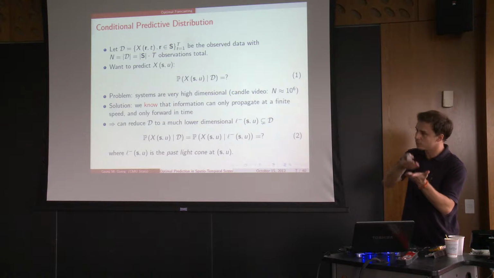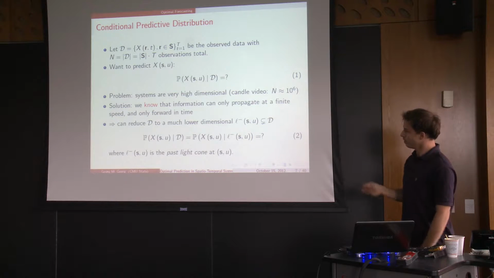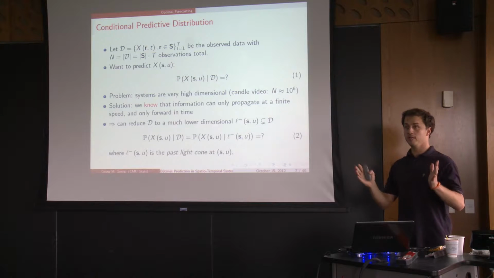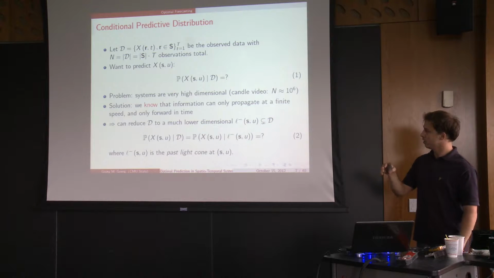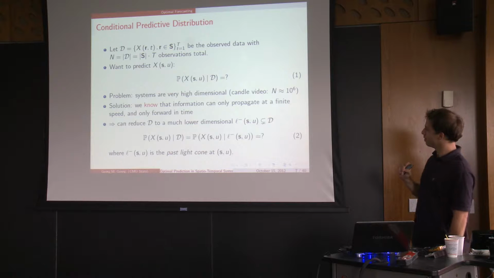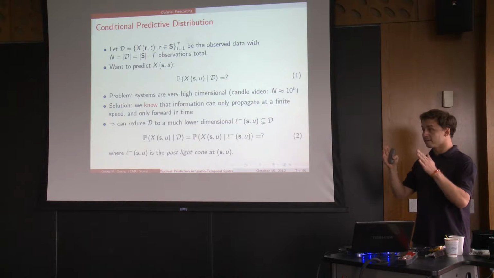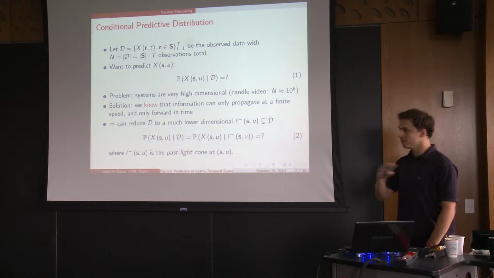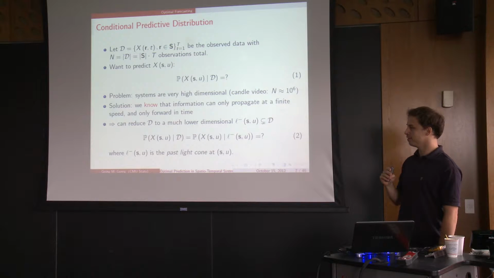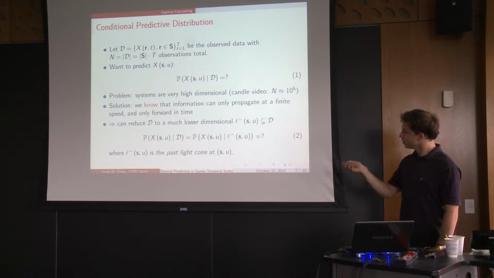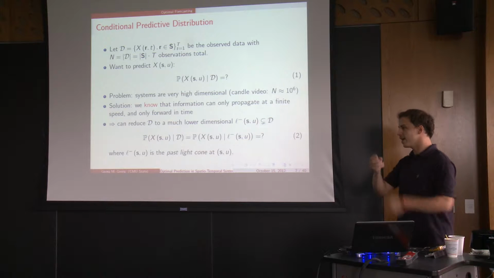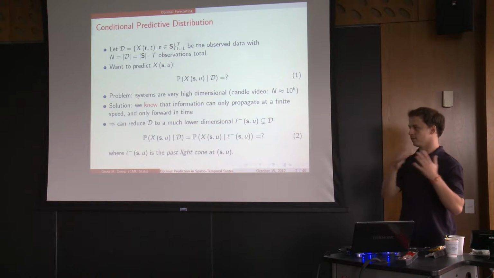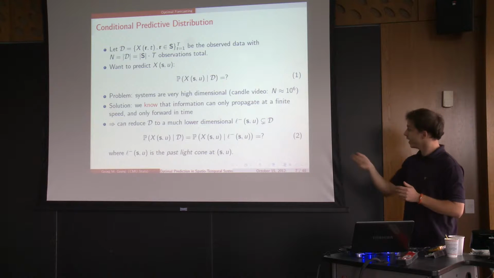It needs time to rise, right? So I can reduce the huge dimensional D to a much lower dimensional L minus. And I'm talking about what it is. And L minus is a subset of D. And I know, just by the physical limitations of the system, that the conditional distribution must be the same. Because other points, it's impossible that they have an influence on X.